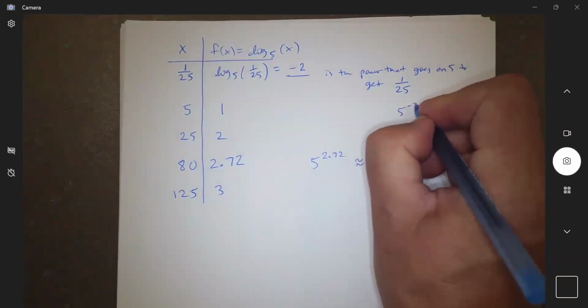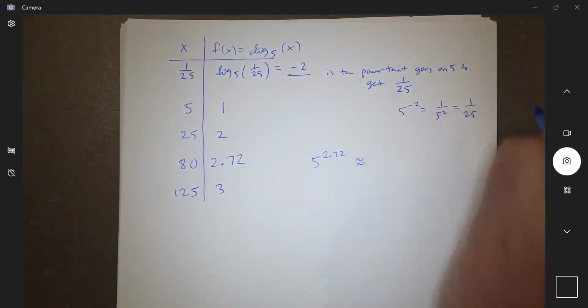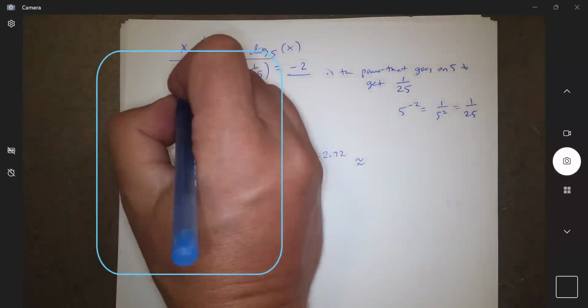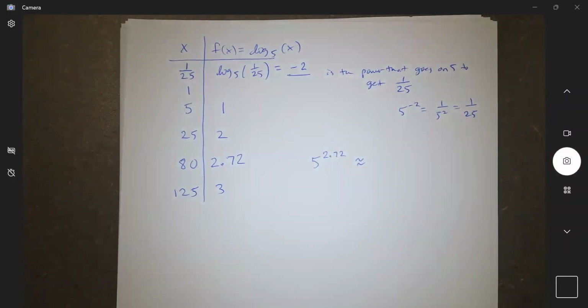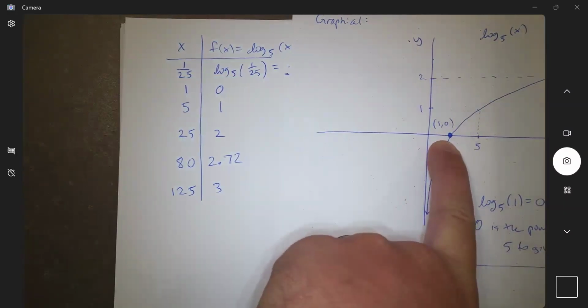Because 5 to the minus 2 is 1 over 5 squared, which is 1 over 25. So you can get negative numbers out of your log. Anytime x is 1, the y is 0. We have that here on our picture. Anytime the x is 1, the y is 0.